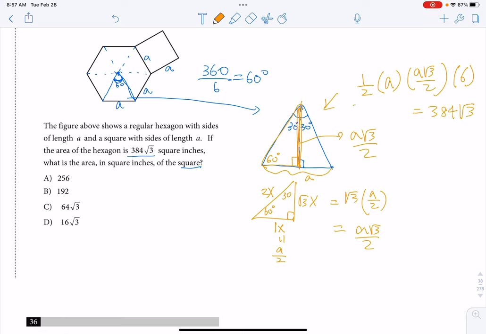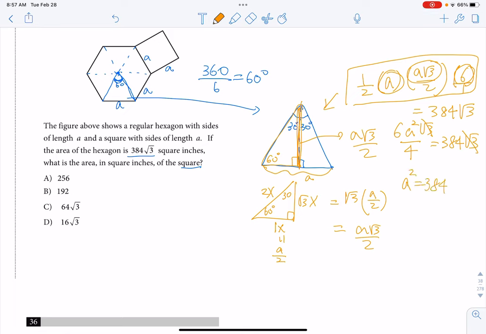If you multiply and simplify this expression, the denominator is 4, and the numerator is 6 a square root of 3, which will be 384 root of 3. You have a root of 3 here and there, which cancel out. So multiply by the reciprocal. So a squared will be 384 times 4 over 6.